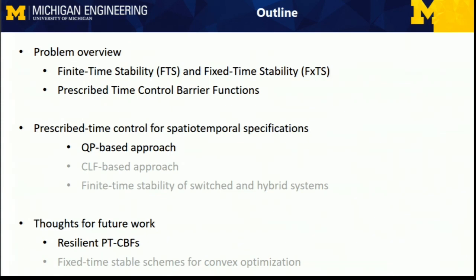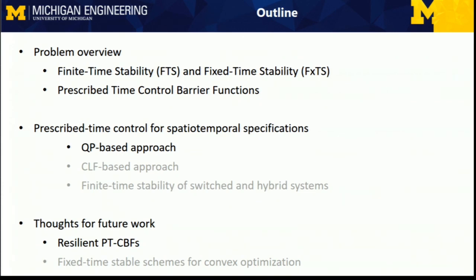So, this is the outline of my talk today. I will give you the overview of how people have defined finite time and fixed time stability before, and how we define our prescribed time control barrier functions based on those notions, and the quadratic programming formulation that we propose in order to solve this type of problems.